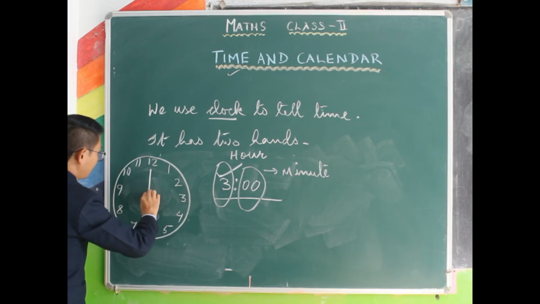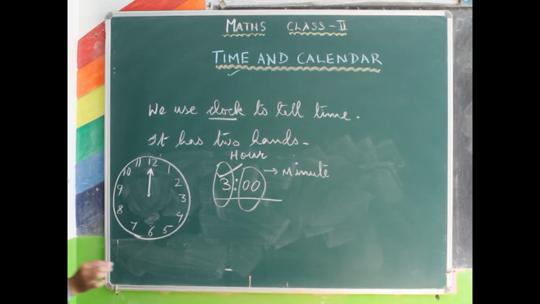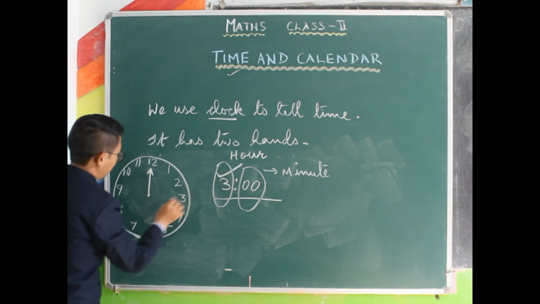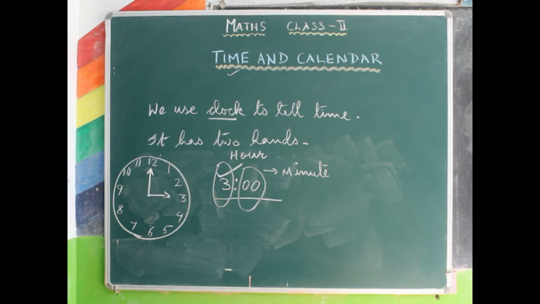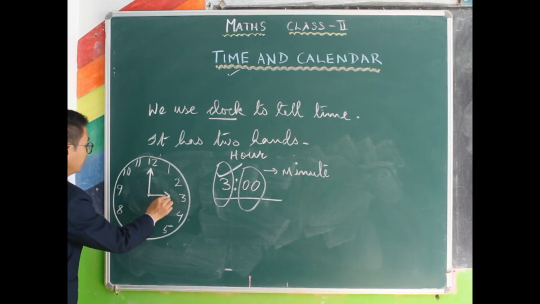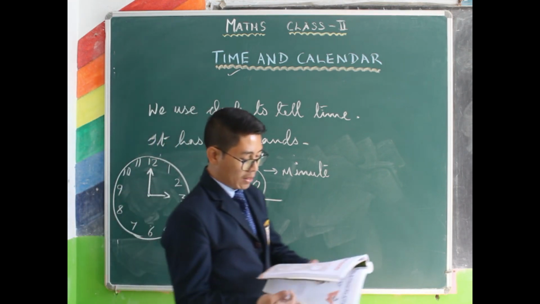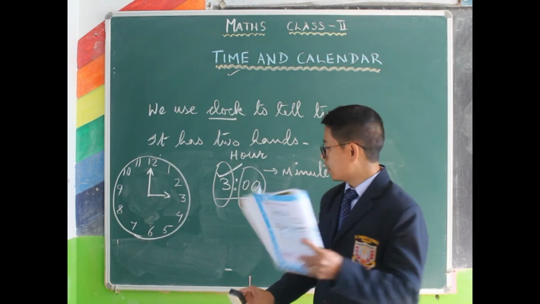Your minute hand should be at 12. It is clear. Now the shorter hand, just move it towards 3. So it is exactly 3 o'clock. Clear?